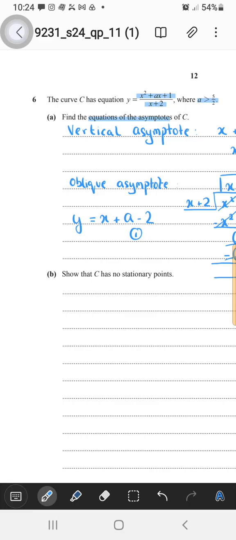How can we find stationary points? The answer is, we can find stationary points by 2 methods. One is differentiation and the second one is the discriminant. Both can be used, but through practice you will learn which method to apply.